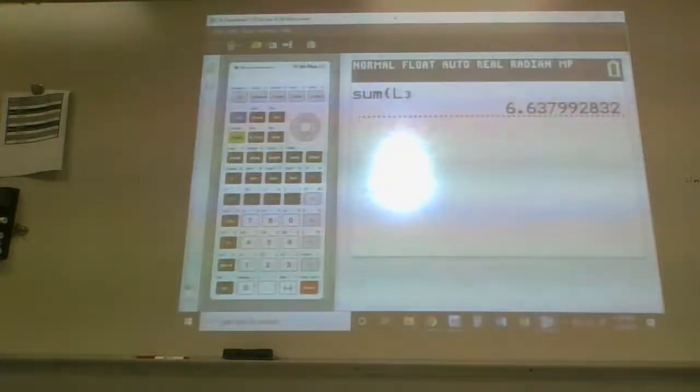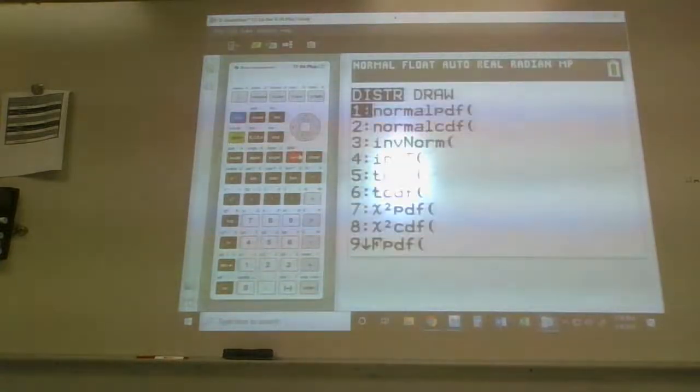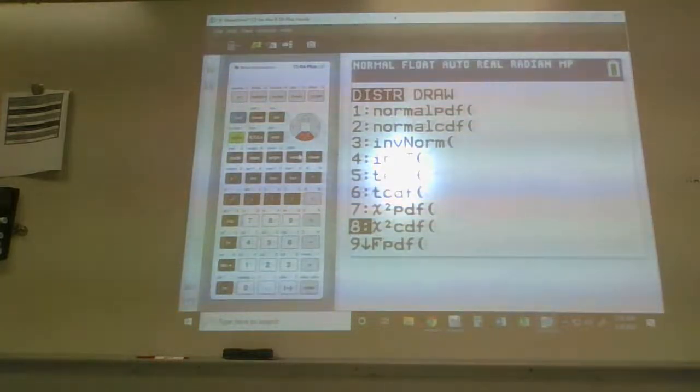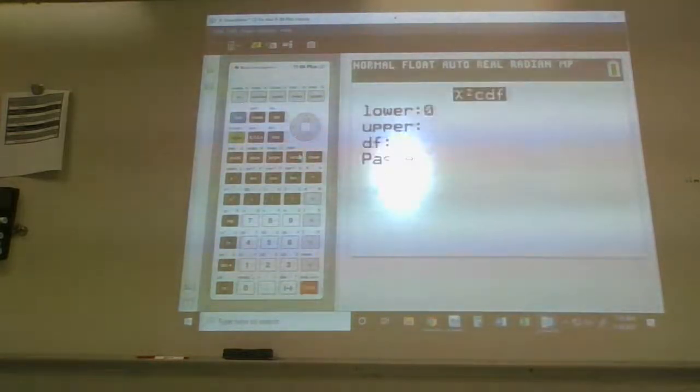I believe you should have the exact interface we're going to be dealing with. If you hit second vars, you can see that chi-squared CDF is your 8th option. I hit enter. There we go. Now, the options they give you are lower, upper, and degrees of freedom.